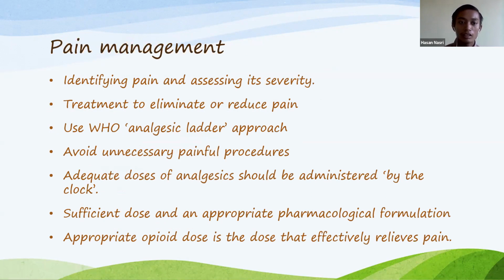We also give treatment to eliminate or reduce pain, whether to give the patient analgesia. We use the WHO analgesic ladder to approach: we give non-opioids, then after that we give opioids if the pain is still unmanageable.